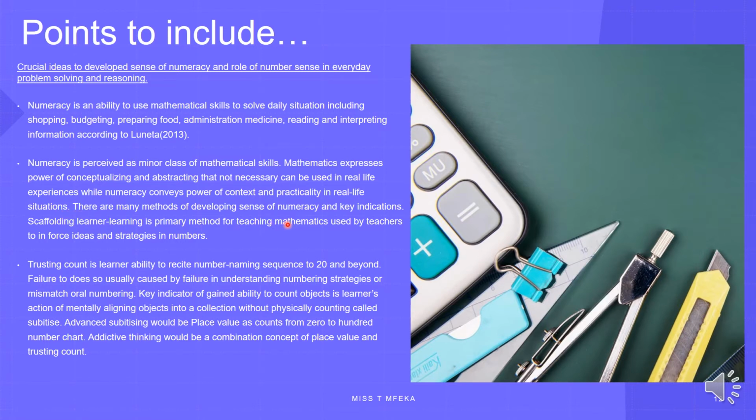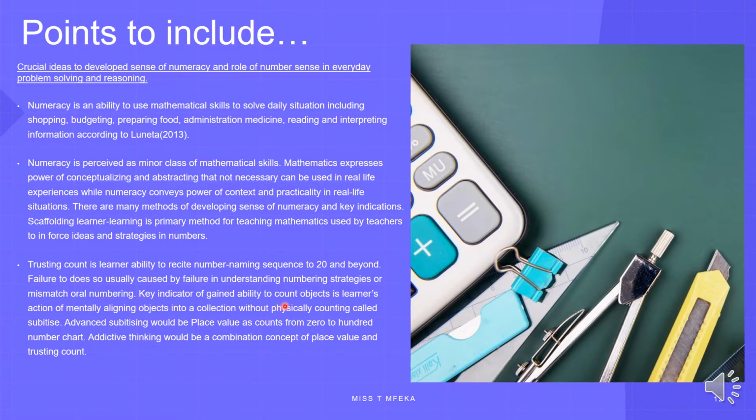There are many methods in developing a sense of numeracy and key indications. Scaffolding learner learning is the primary method to teach mathematics used by teachers, along with ideas and strategies in numbers. Trusting the count is a learner's ability to recite all number naming sequences to 10 and beyond. Failure to do so is usually failure to understand numbering structures and or mismatched oral numbering.